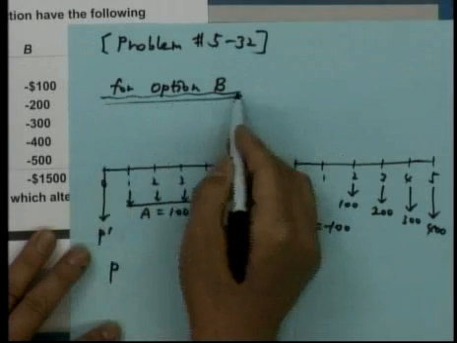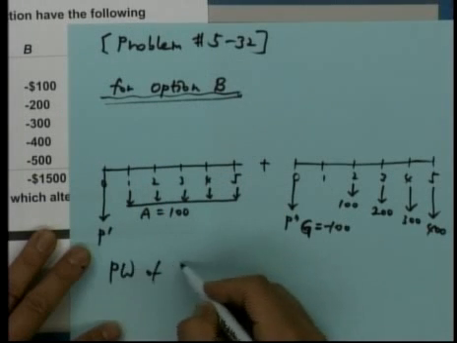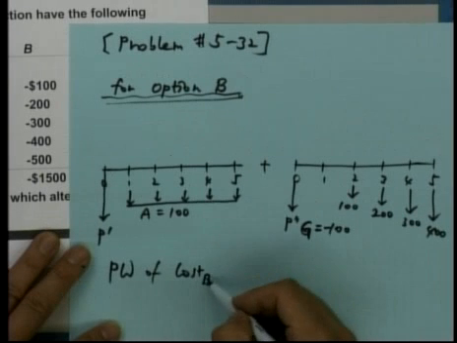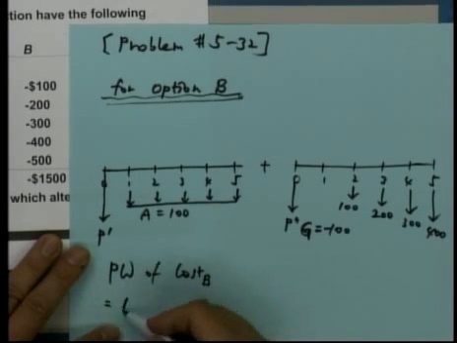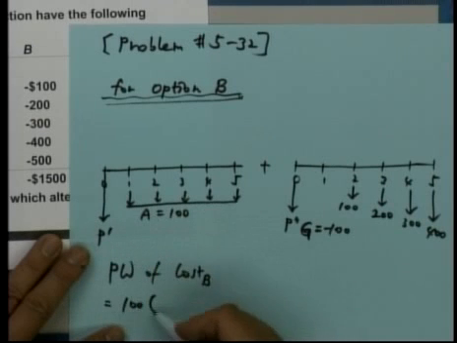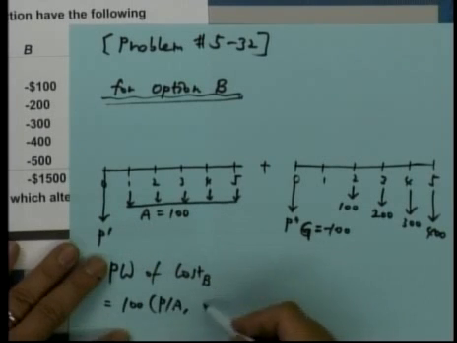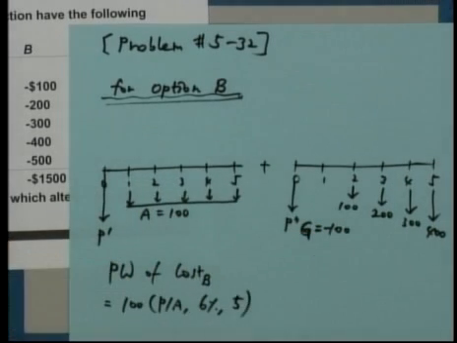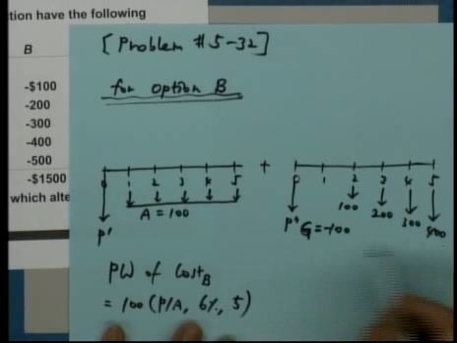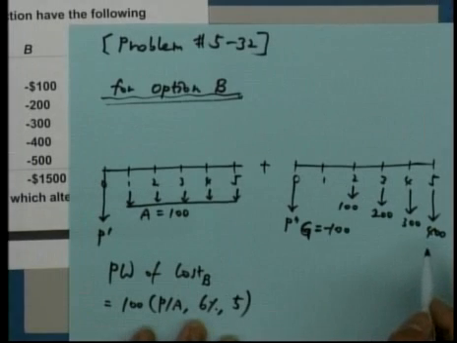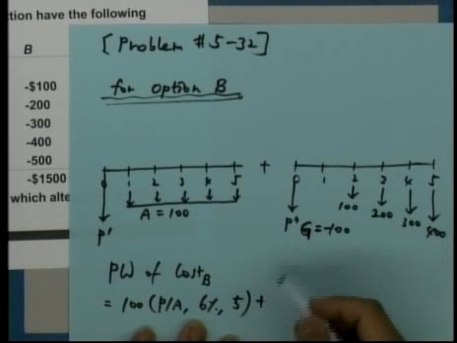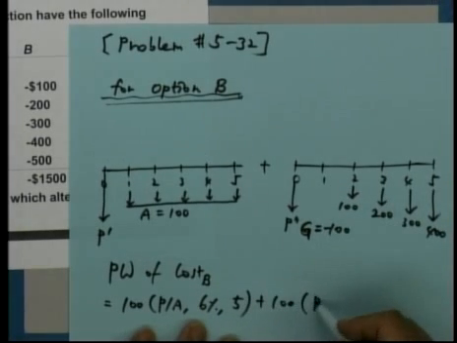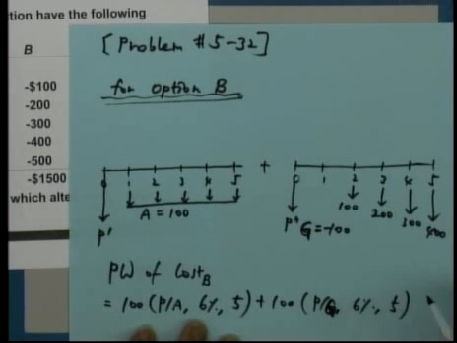Then the present worth of cost for option B would be 100 times P given A, 6% over 5 periods. Right. And then what about this cost? It's going to be 100 times P given G, 6% over 5 periods. Okay.